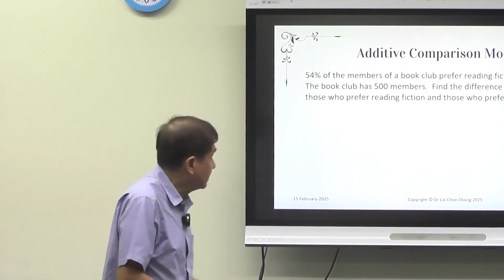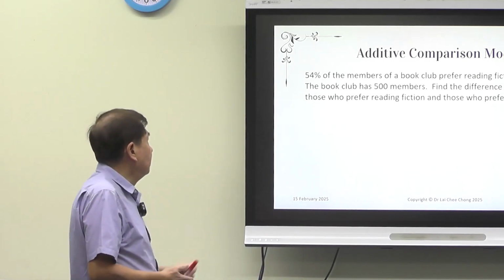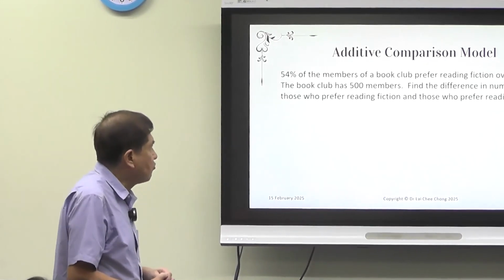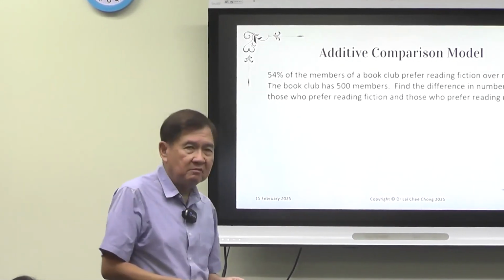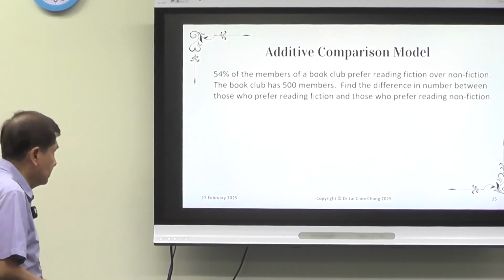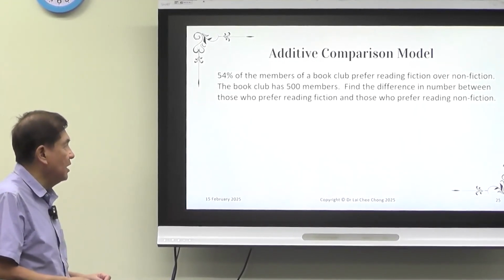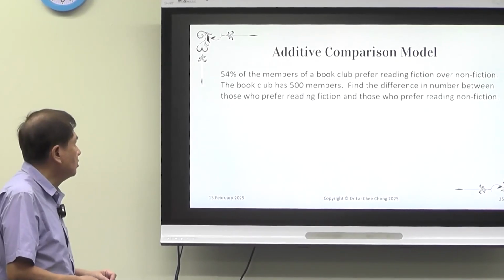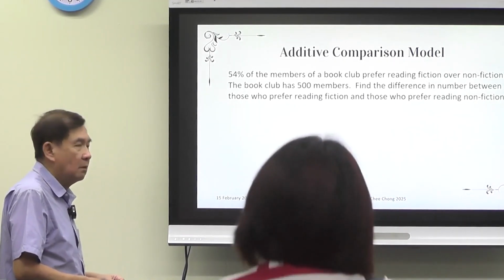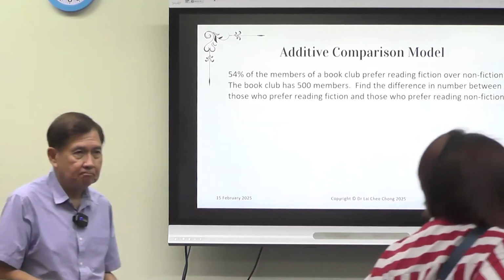This is called the additive comparison. 54% of the members of a book club prefer reading fiction over non-fiction. The book club has 500 members. Find the difference in number between those who prefer reading fiction and those who prefer reading non-fiction.